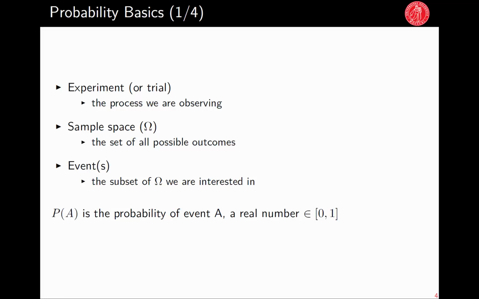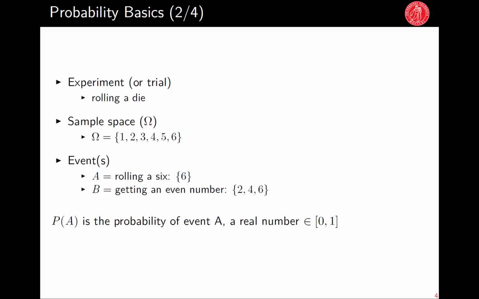And we will often be interested in some subset of the possible outcomes, and we'll want to say something about their probability. So, for example, our experiment could be rolling a die, and the sample space obviously is the 6 different outcomes. And we might say, what I want to compute is the probability of rolling a 6.